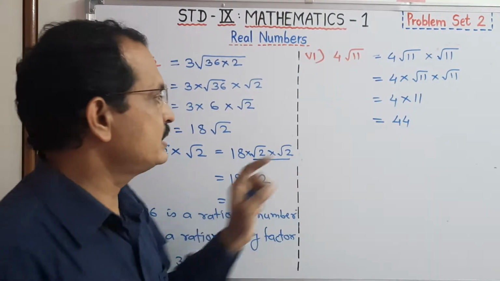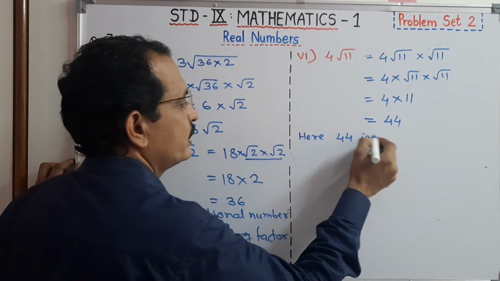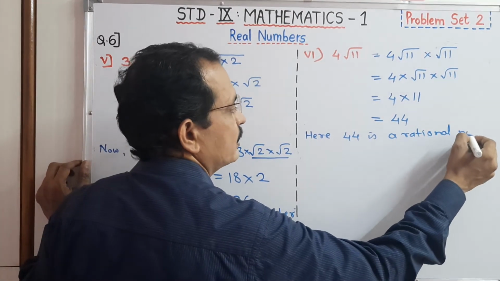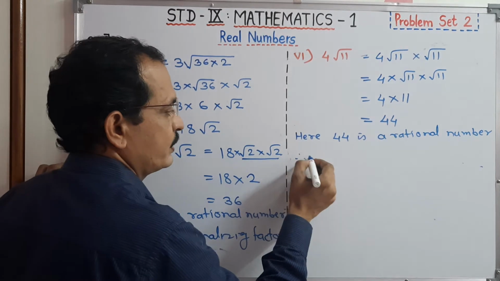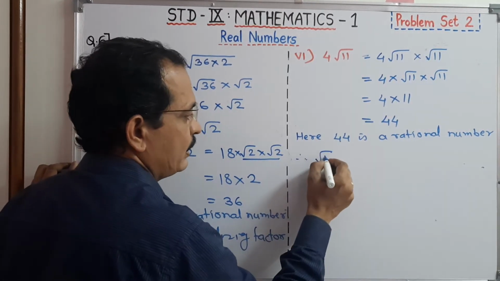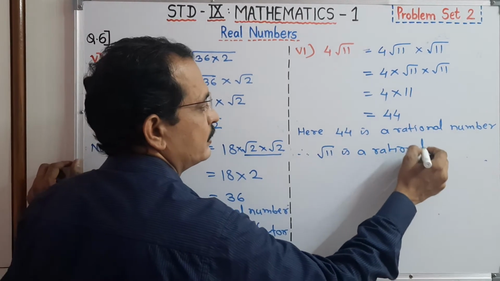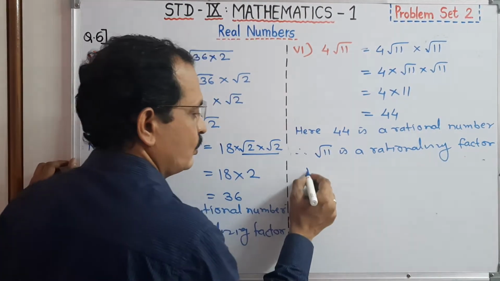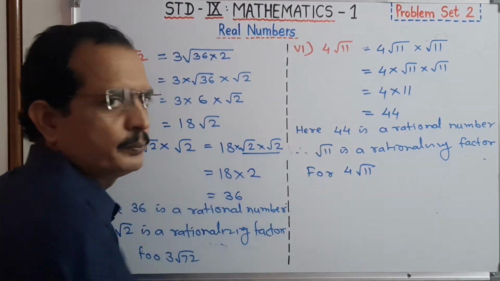Now here 44 is a rational number. Therefore root 11 is a rationalizing factor for 4 root 11.